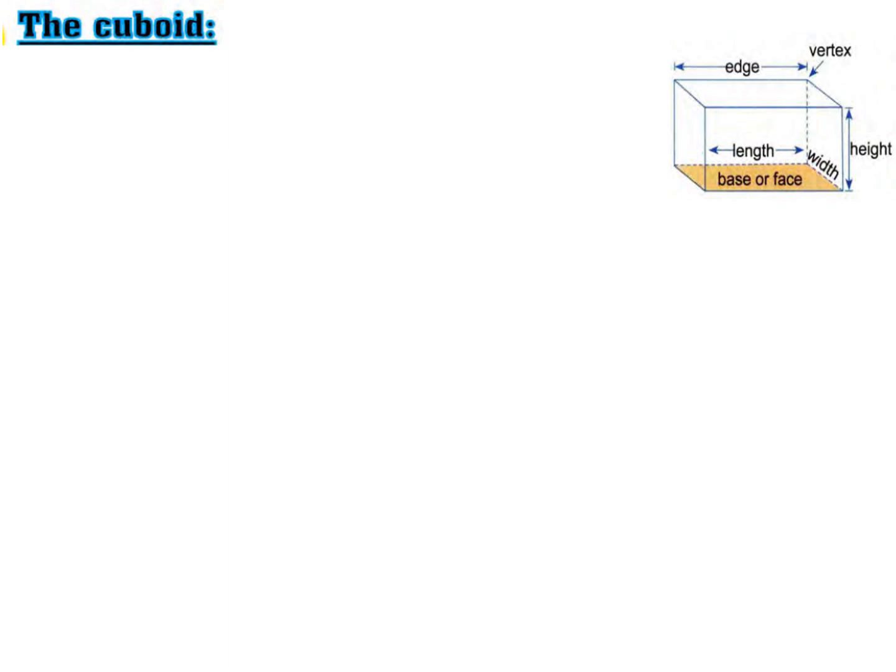The cuboid has 8 vertices, 12 edges, and 6 faces. This information I studied in grade 4 or grade 5, but this year we will know its volume. In the second lesson, we will talk about its volume.